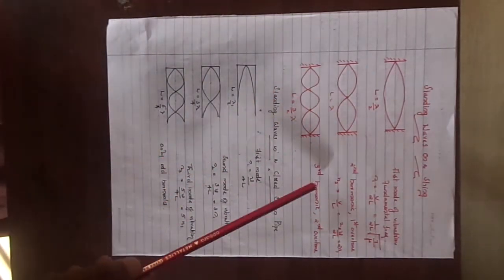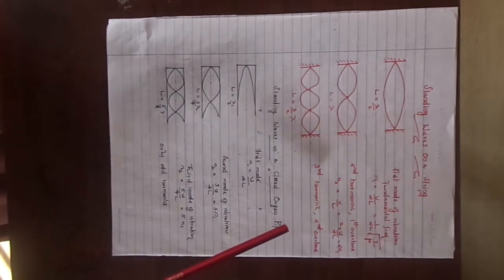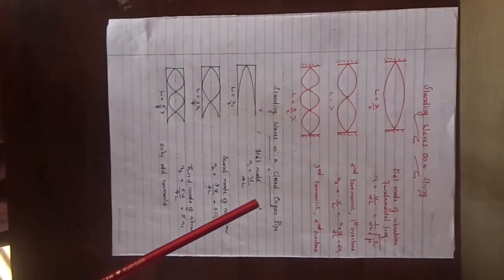And here we can say the third harmonic, the second overtone, is 3 times the first harmonic. So keep in mind, every harmonic is available with standing waves. Every harmonic is possible with the string.